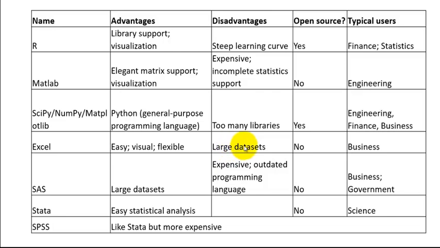But it cannot handle large data sets, and it is prone to so many errors. It can't handle a large volume of data like the data of the whole population in Nigeria. Excel cannot process it. Excel is good for business, because business people may not care much about programming. But Python can handle engineering problems, finance problems, business problems. Whatever we say about Excel also goes for SAS, Stata, and SPSS. So you can see the reason why we are dwelling on Python.